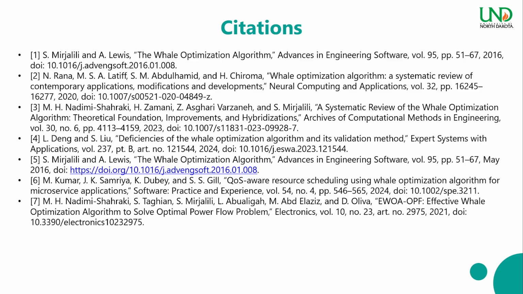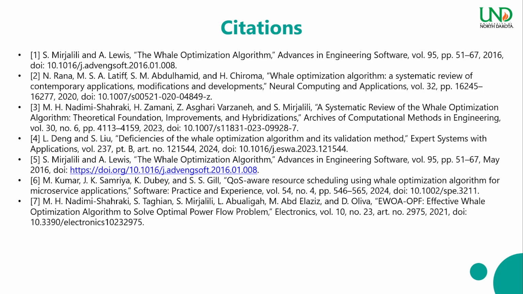So these are the citations I used for this paper. 1 to 5 are the review papers exploring what the algorithm itself is. Many of the graphics and images that you saw were taken from those, and I cited them along with the slides.